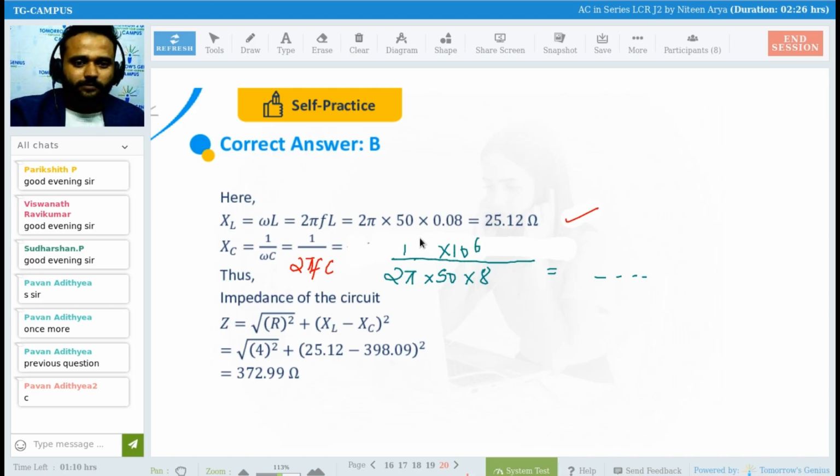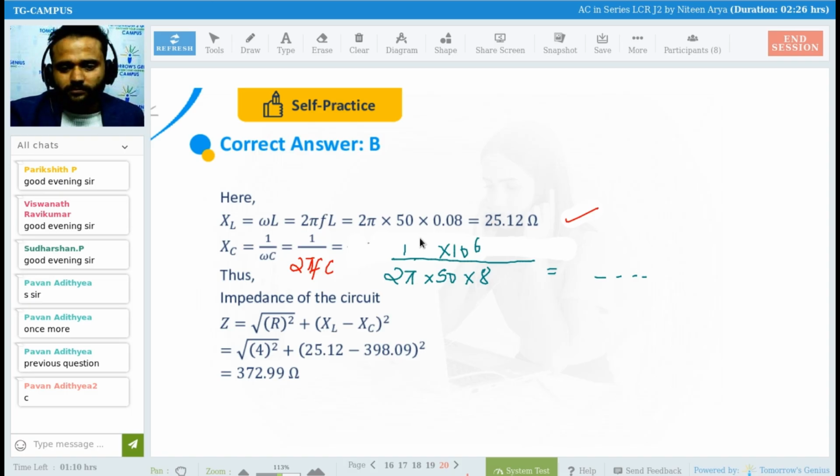Even I don't know which one is correct, but B is not correct. Is this clear, everyone? Obviously, the given option may not lie in the correct range also.